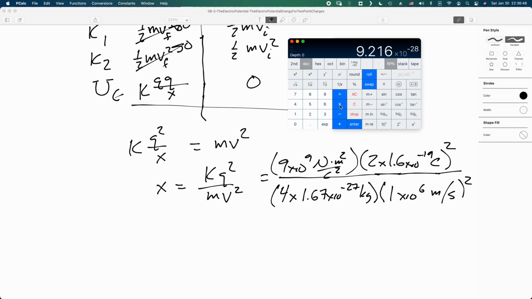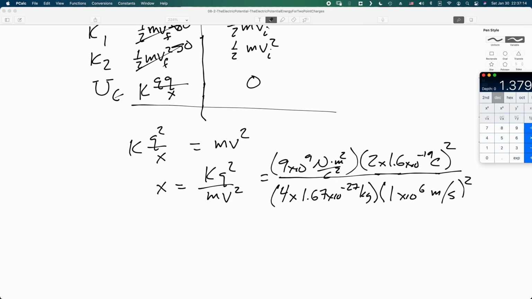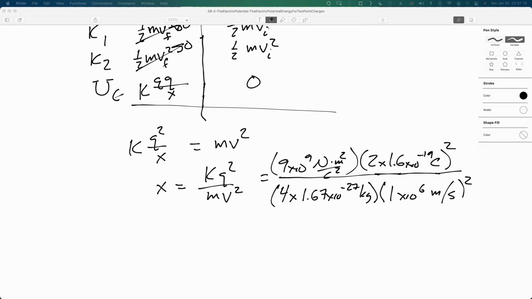We will divide by our mass. And then we'll put in our speed, square it, and divide. And yeah, that actually seems kind of reasonable. We get 1.38 times 10 to the negative 13 meters.